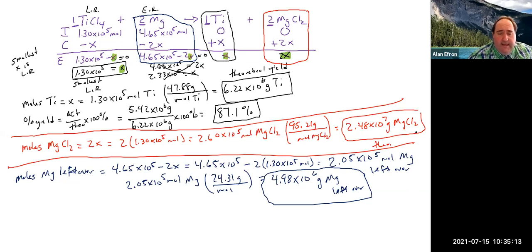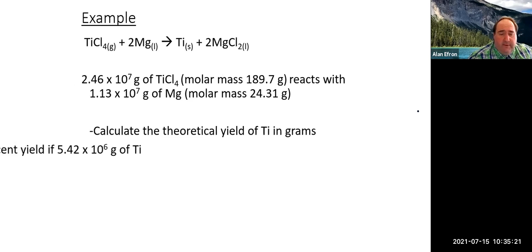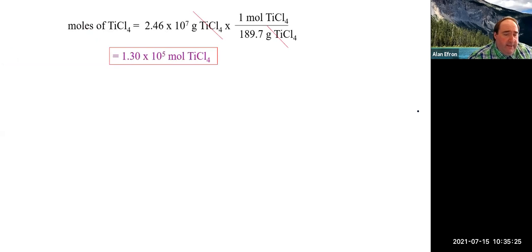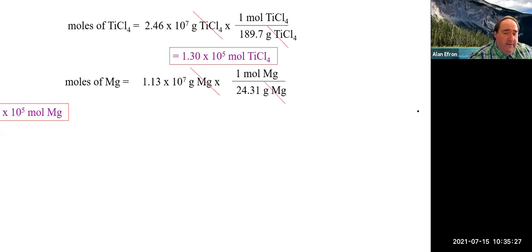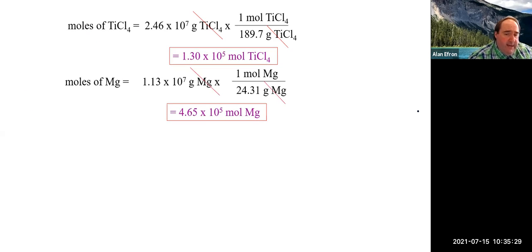Now, again, in case you did it a different way or want to do it a different way, I'm just going to run this across the screen and describe the alternative approach. So again, starting out like we did, figuring out the moles of each of our reactants.